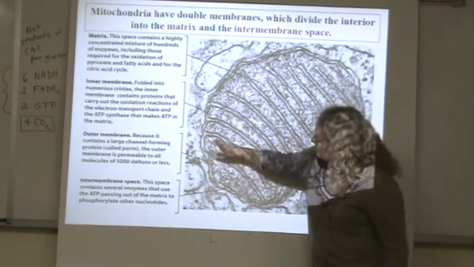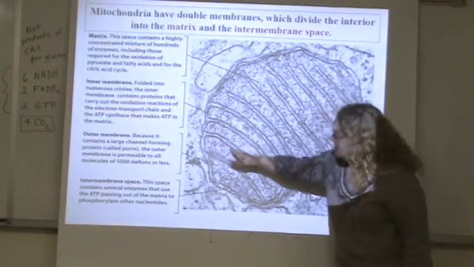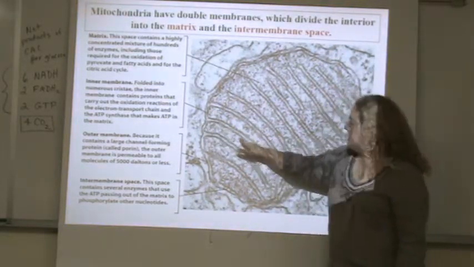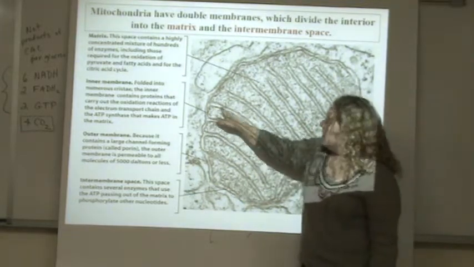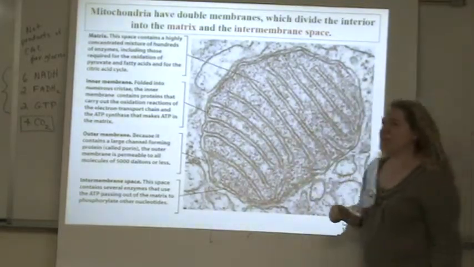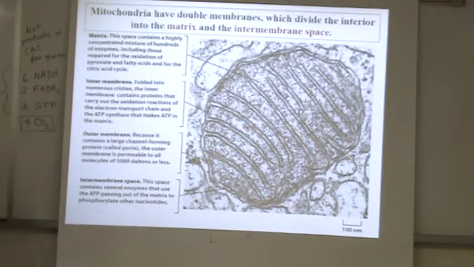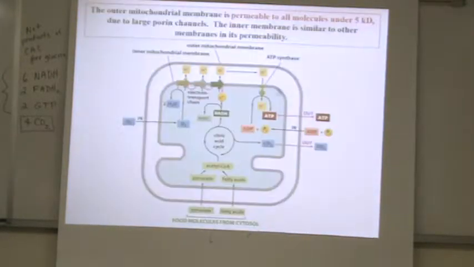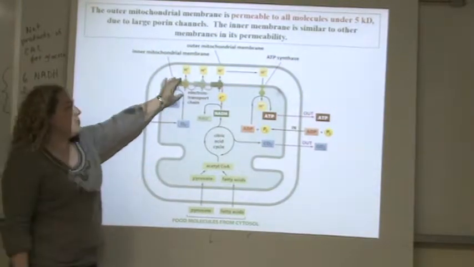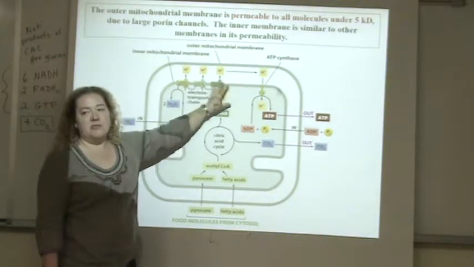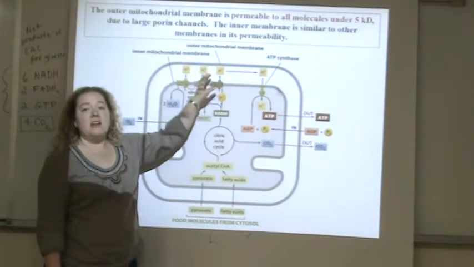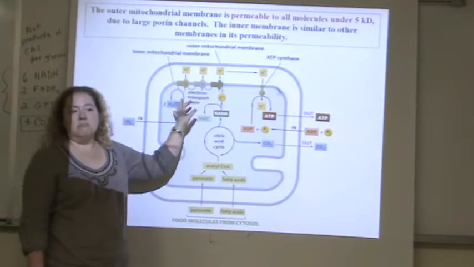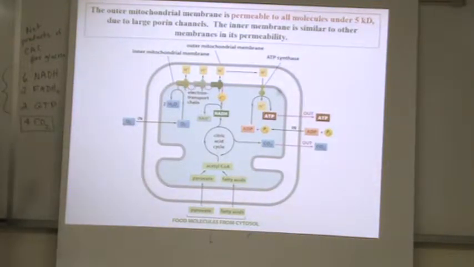If I follow this around, here's the inner, comes all the way down in here, goes back, out here, goes back, goes back. It's got a lot of surface area, and that's a good thing for the mitochondrion because the more surface area, the more room it's got to hold electron transport chain machinery. The more membrane it's got to pump protons across. More surface area for producing energy.